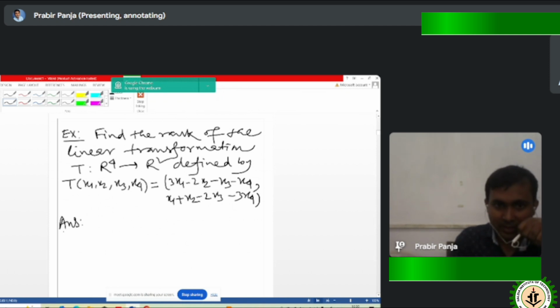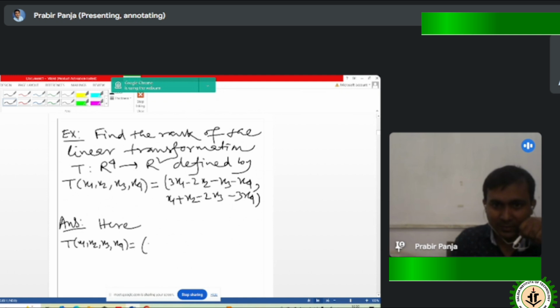Let us see how we can do this. First of all, we'll write the transformation here: T of x1, x2, x3, x4 is equal to 3x1 minus 2x2 minus x3 minus x4, comma x1 plus x2 minus 2x3 minus 3x4. First, we'll try to find which vectors will generate all the images of the linear transformation.